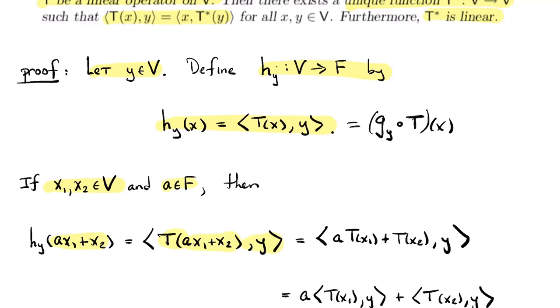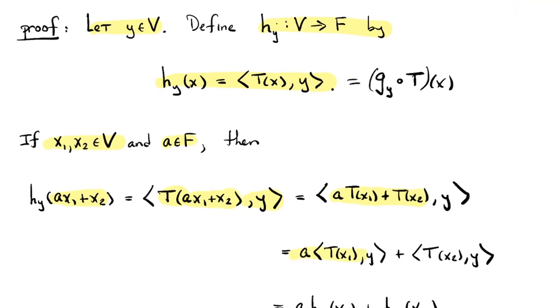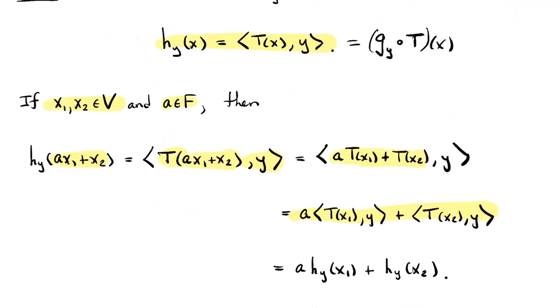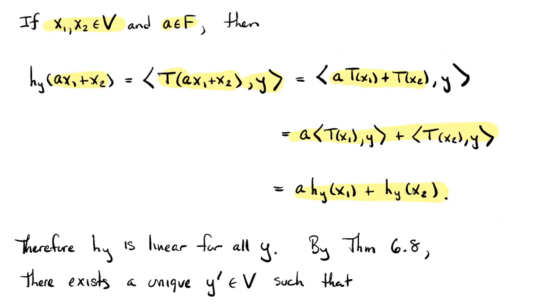Okay, T is a linear map, so T applied to that, you can push through and bring the scalar out. And then using the linearity in the first coordinate of the inner product, the scalar comes out and you can split that sum. And that's exactly A times the value of h sub y of x1 plus h sub y of x2. Okay, so h sub y is linear. It's linear for every y.